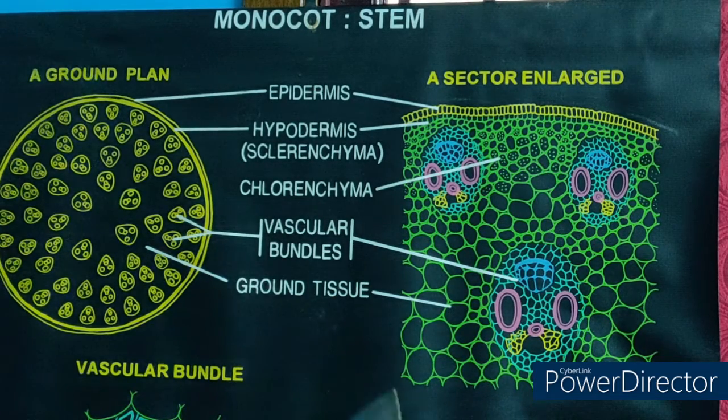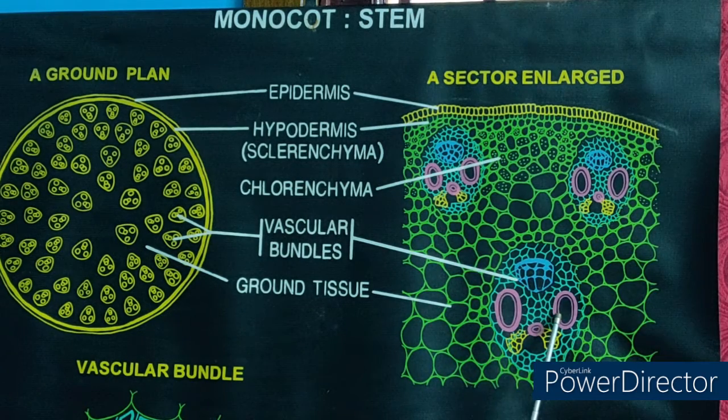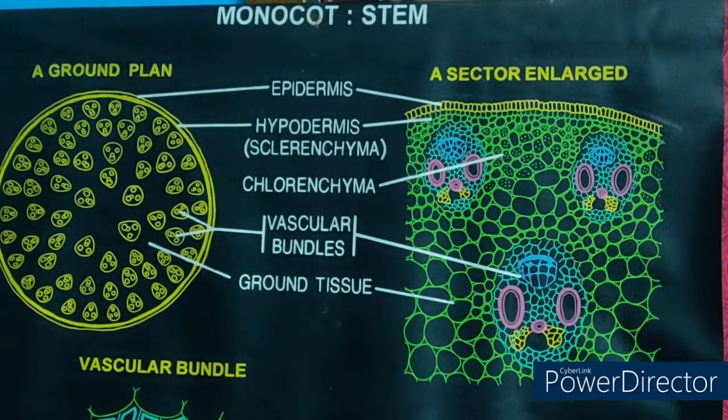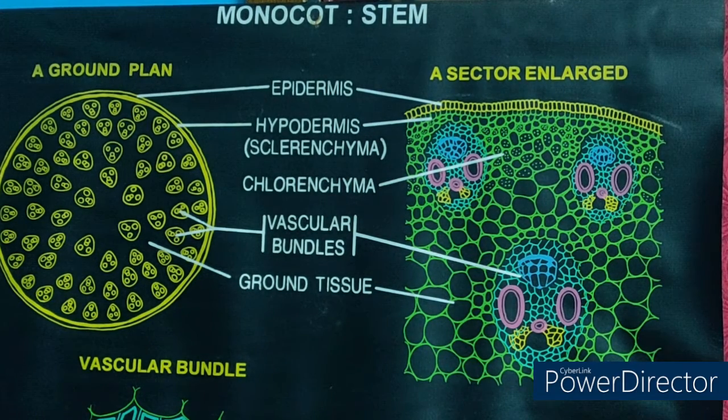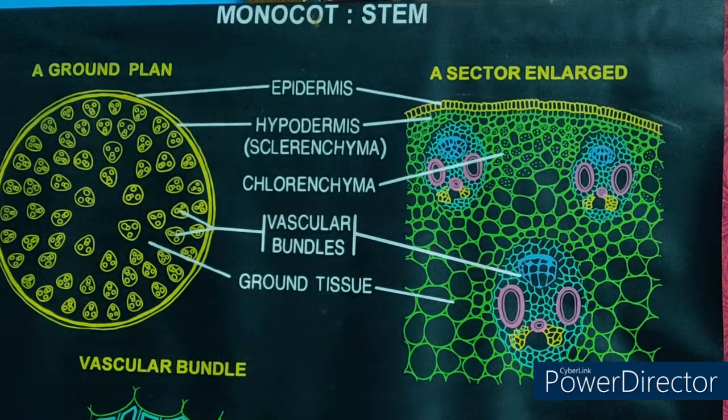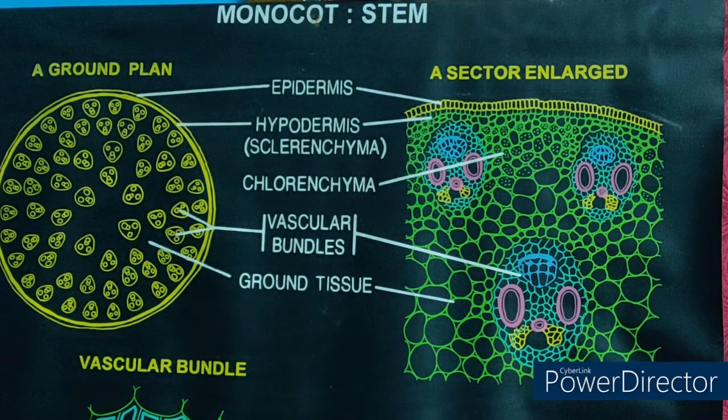When you have two layers of phloem, above and below the xylem, that is known as bicollateral. But here it is not so. The next is endarched: protoxylem towards the center, metaxylem towards the periphery. And finally, absence of cambium, and so it is known as closed type.